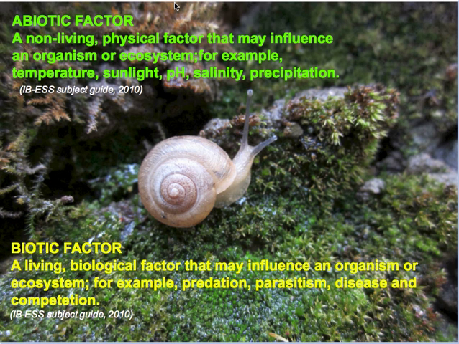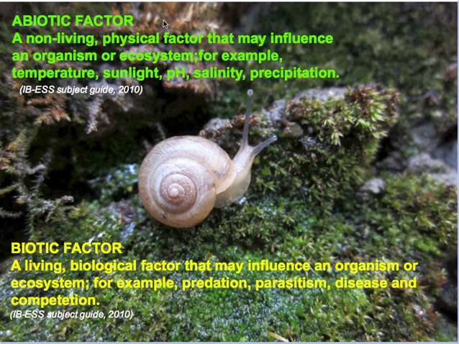Within this physical environment, the living things interact with non-living components, and that together forms the ecosystem. And within the ecosystem, of course, you've got lots of non-living components or abiotic factors that impact the living components. For instance, our snail right here is affected by temperature, by sunlight, by the amount of moisture.